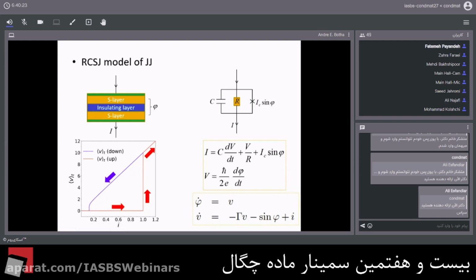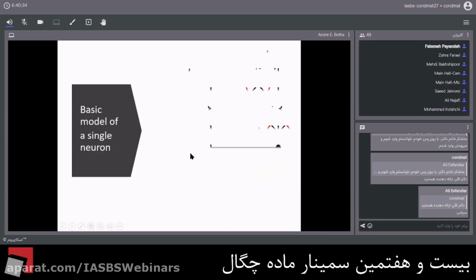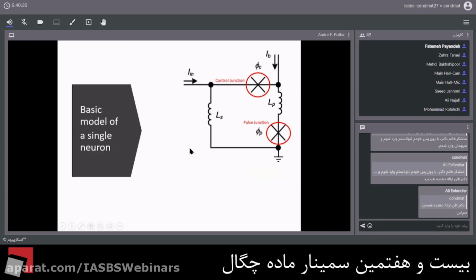So this is a typical basic behavior of the junction, which is needed in order to understand the behavior of the neuron, which I'll explain next. Now, the circuit that we use to describe the model of a neuron looks something like this. It consists of two junctions, and each junction here, in the red circle, is actually an RCSJ junction.